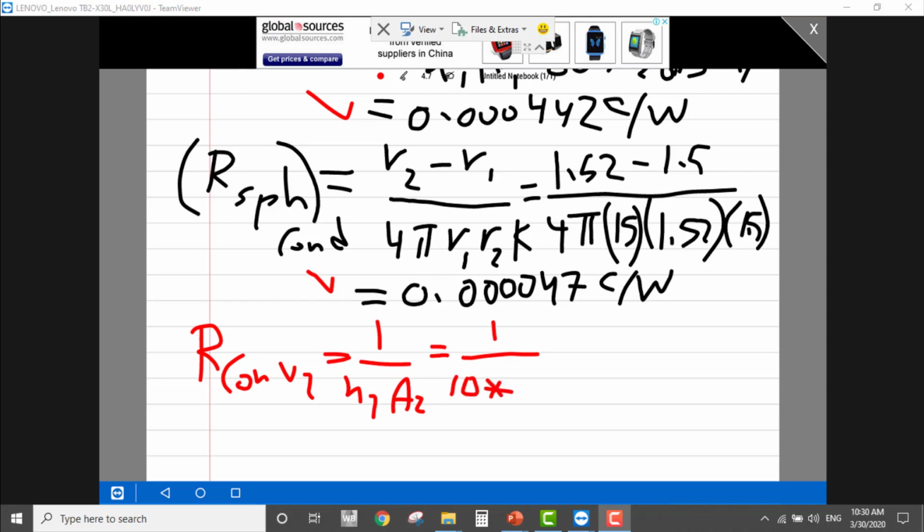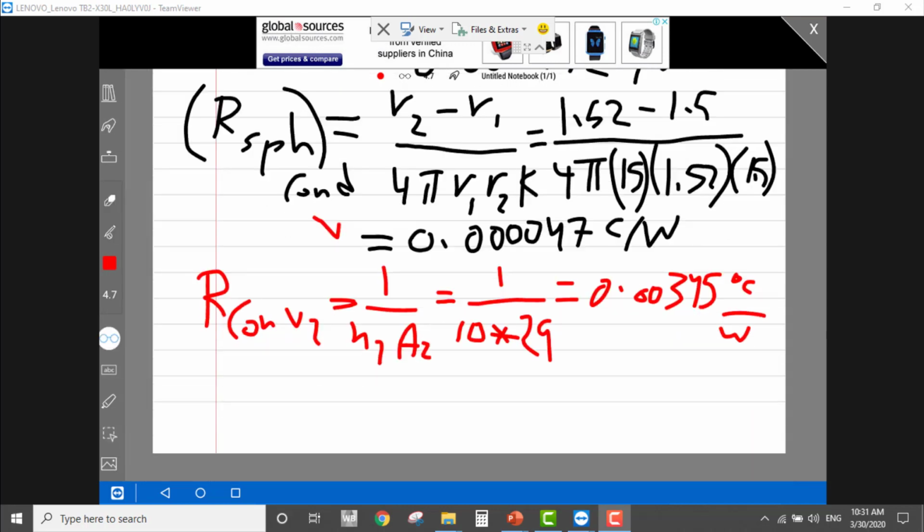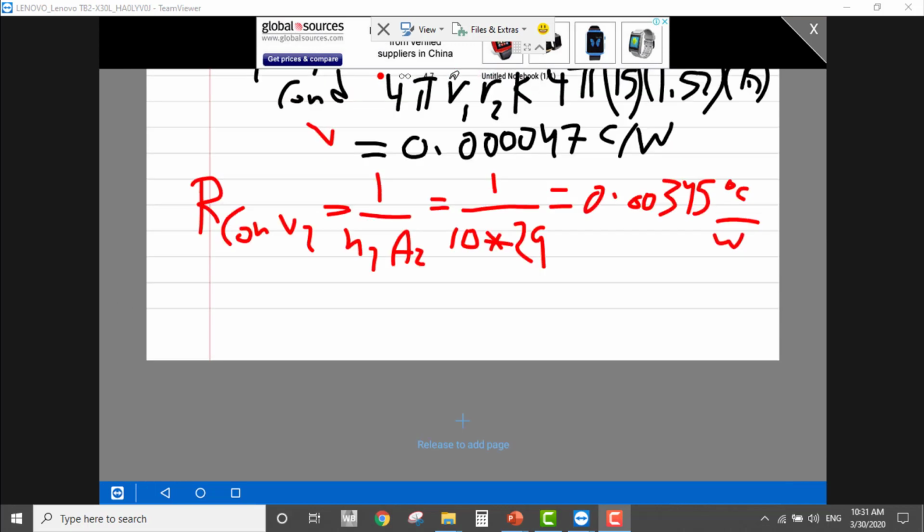Area 2 in this case is 29, and the answer here is 0.034 degrees Celsius per watt. Now we end up with R radiation. So let us move to a new page.